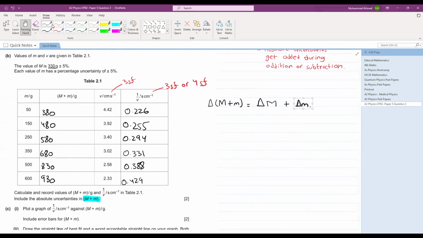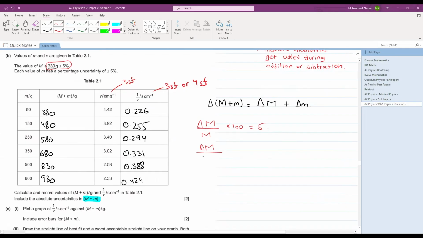Okay. So now, first of all, how can you calculate the absolute uncertainty in capital M? Can you realize that M has a 5% error, 5% percentage uncertainty? So you can say absolute uncertainty in capital M divided by capital M multiplied by 100 is equal to 5. This is the percentage uncertainty. Perfect. What is capital M? 330.